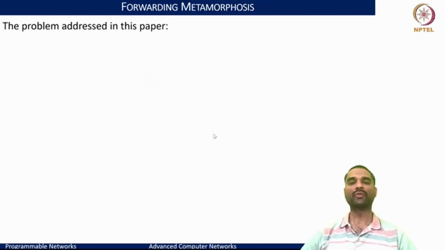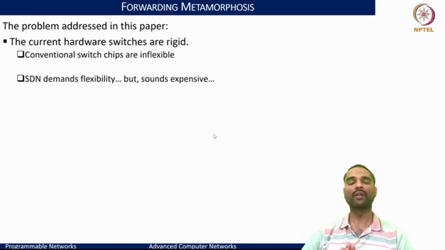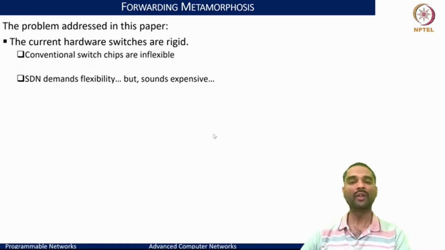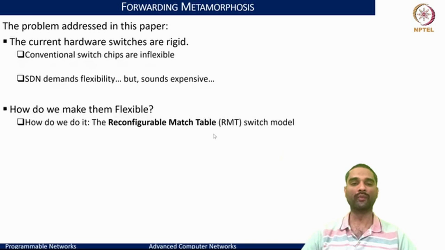The problem that was addressed in this paper is to look at what the current hardware switches were, why they were rigid, where the inflexibility arose in conventional switches in terms of programming the match action pipeline or the parser themselves, and how to meet the demands of SDN, that is, to bring in the flexibility with less expense in terms of hardware costs or incurring power costs and so on.